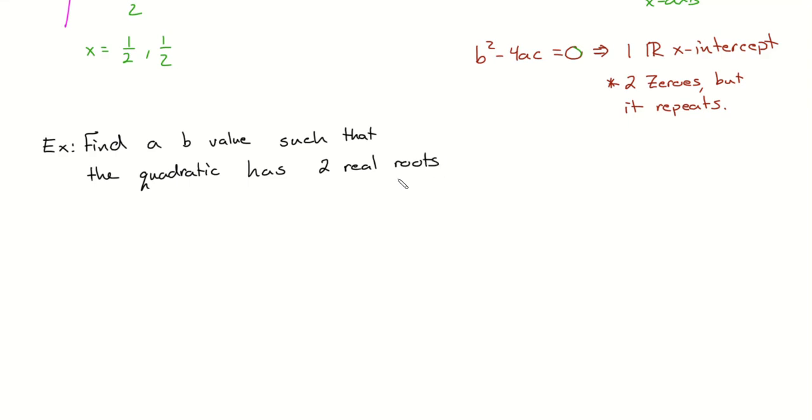Now, there are going to be a lot of b values, and we're really going to find a range of them, but if all we're asking for is one single answer, we get to pick.